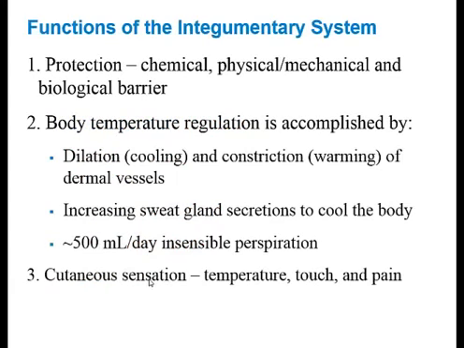Our next slide is showing protection, and the 3 types of protection are either chemical, physical or mechanical, and then also biological. The chemical is going to be due to the skin secretions, and this would be predominantly sebum, which is secreted from the sebaceous oil glands.